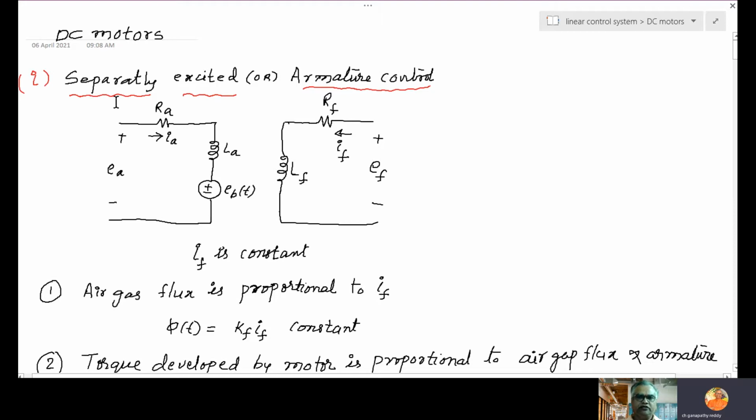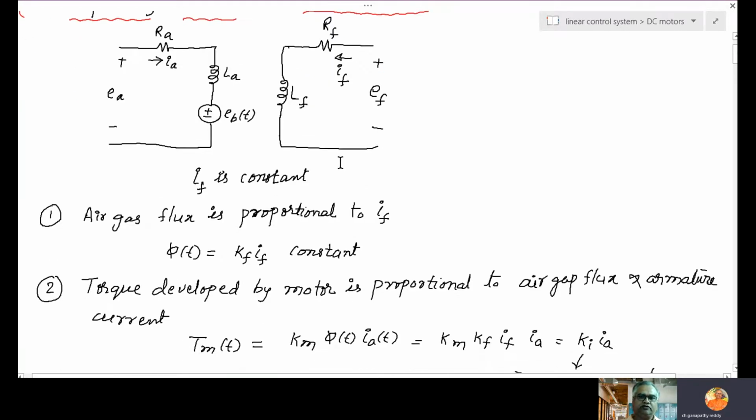So this is the equivalent circuit. When it is separately excited, the field current is constant.